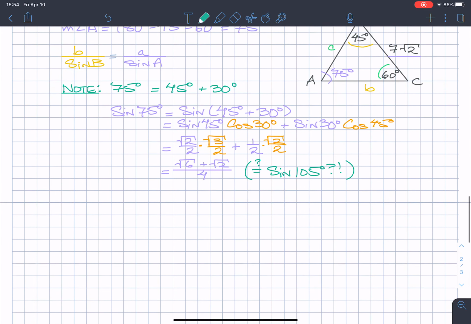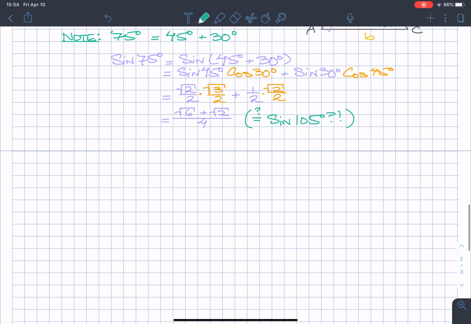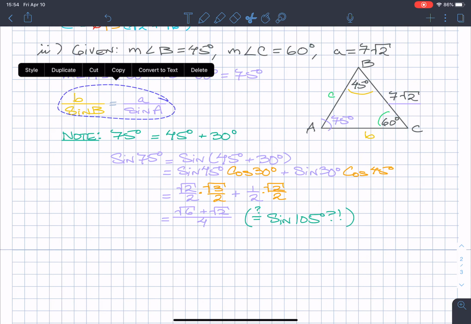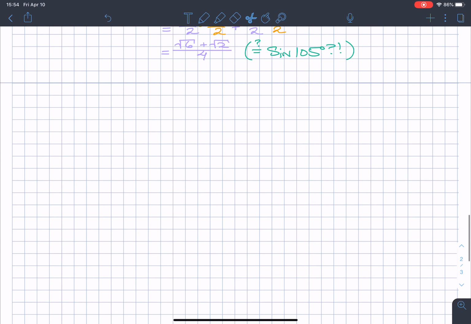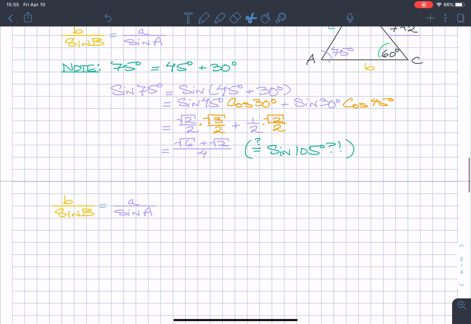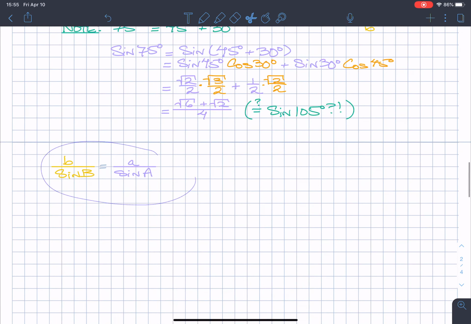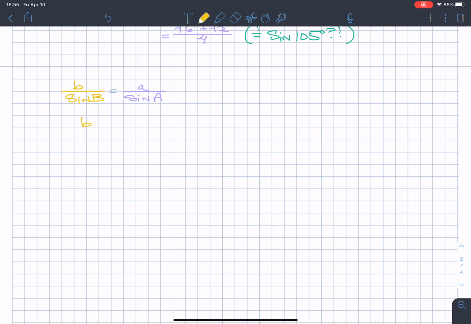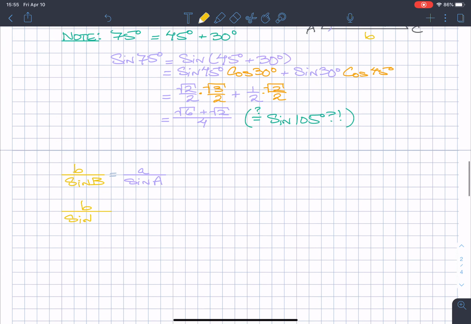Okay, well, anyways, getting back to where we were. We wanted to solve for side B. So now I can plug in finally. So this will be B over sine of, what was the measure of angle B?